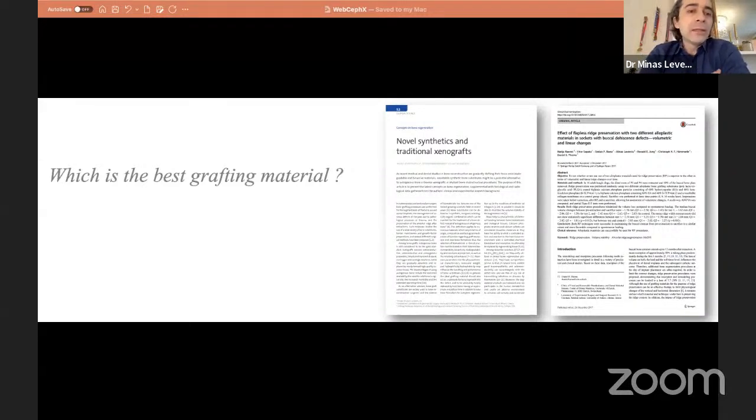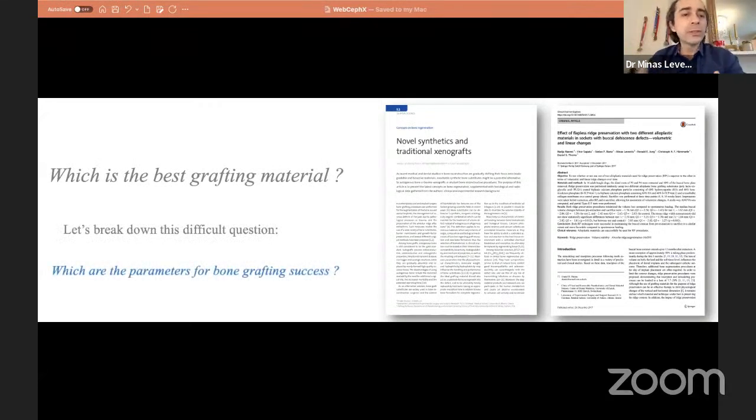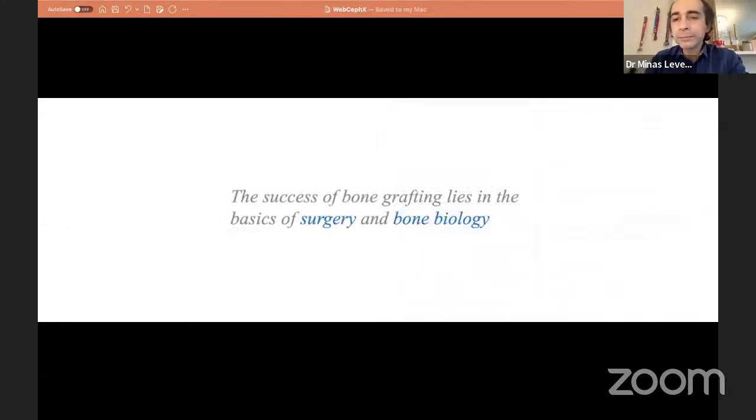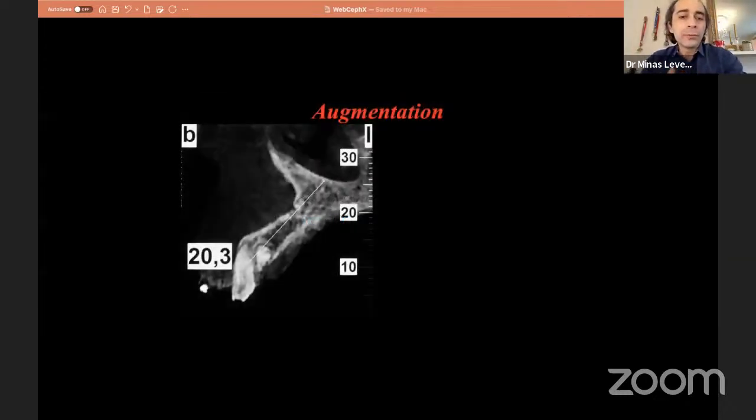And to try to identify the ideal bone grafting material, we have to break down this question and to see which are the elements that contribute to success, to failure, what are the indications, the limitations of any different bone grafting material we are using. Definitely, everything lies in the basics, of surgery and bone biology. Always we have to focus on the basic principles when we are dealing with bone grafting materials, with bone augmentation.